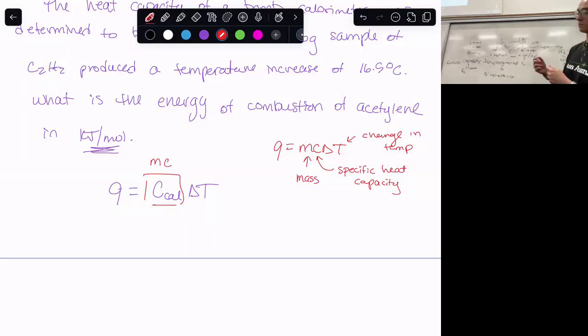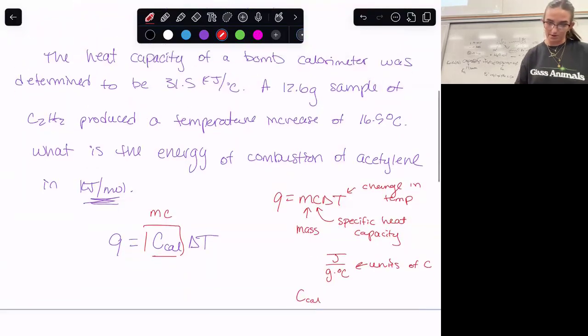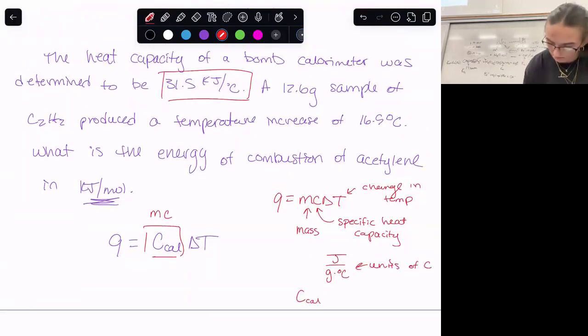Specific heat is joules per gram times degrees Celsius, those are the units of C. Units of C cal are like this one here, kilojoules per degrees Celsius. You no longer have that gram or mass component because it was already accounted for. Does that make sense?